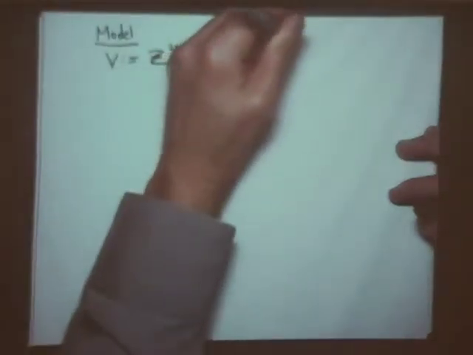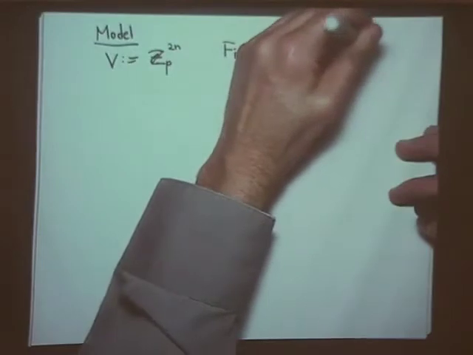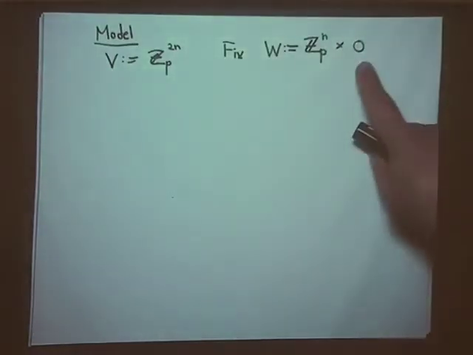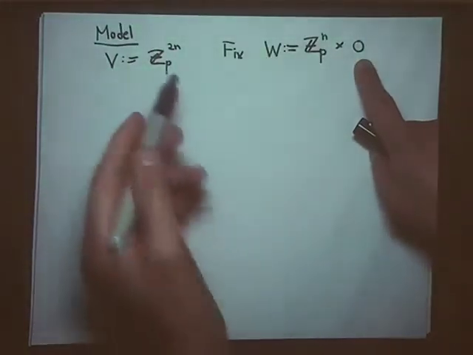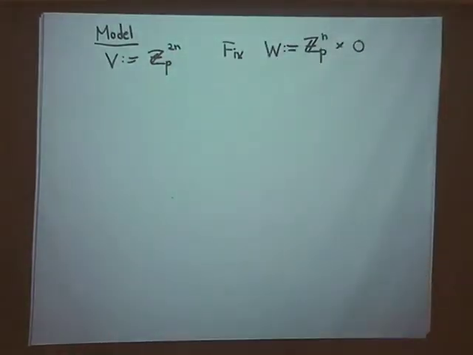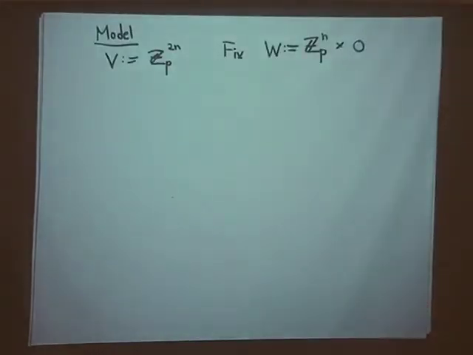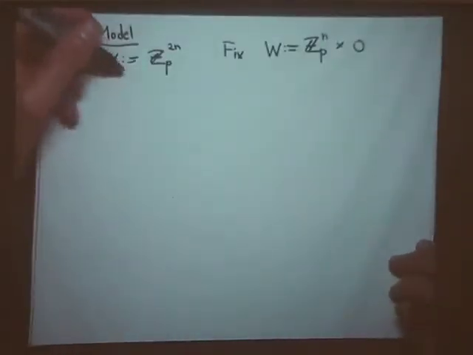So I'll take the easy one, which is Z_p^n crossed with 0. That's a 0 in the other Z_p^n. So that's like half of V. And as I showed you last time, that's an example of a maximal isotropic direct summand and so on.